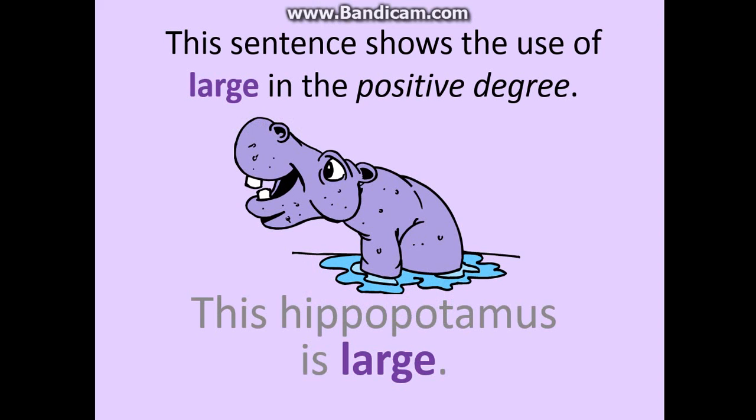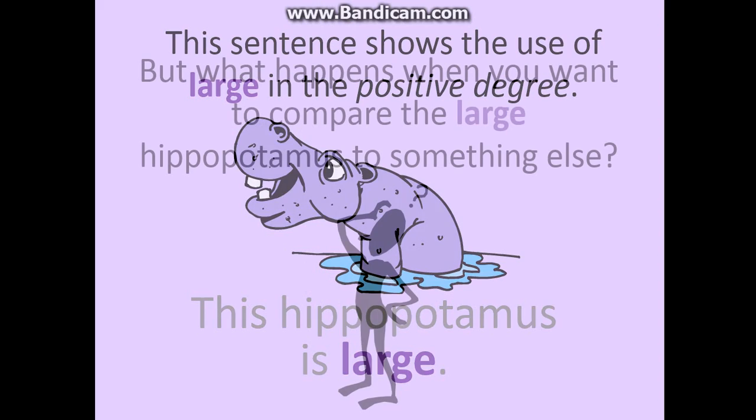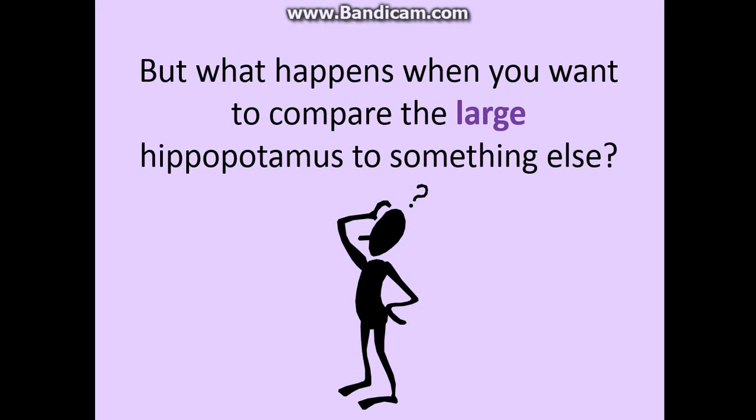When we find this word, we look at the picture of a hippopotamus. When we want to say the hippopotamus is large, we say the sentence: this hippopotamus is large. It's no problem. But what happens when you want to compare the large hippopotamus to something else?